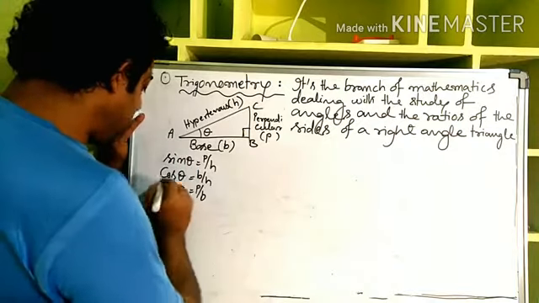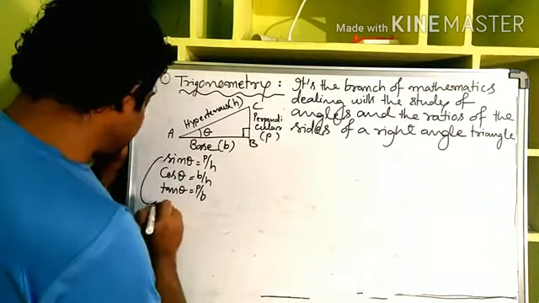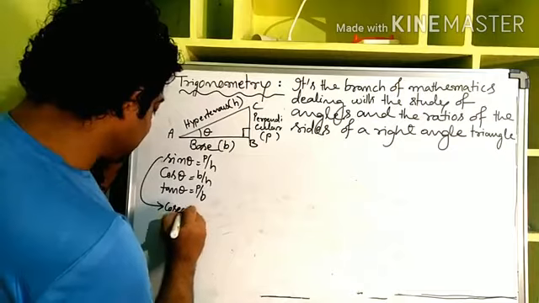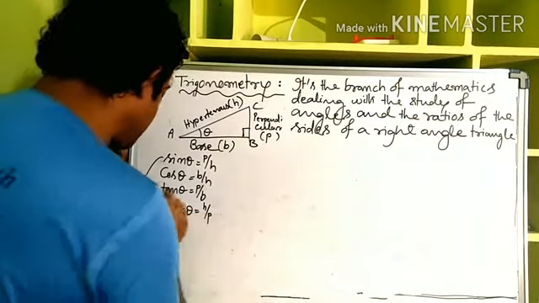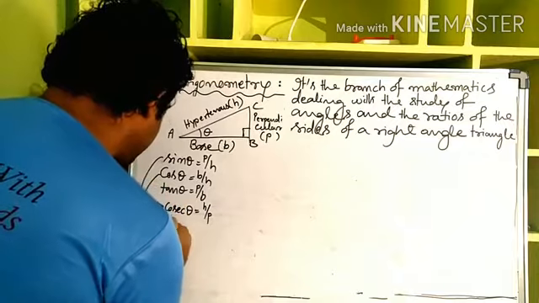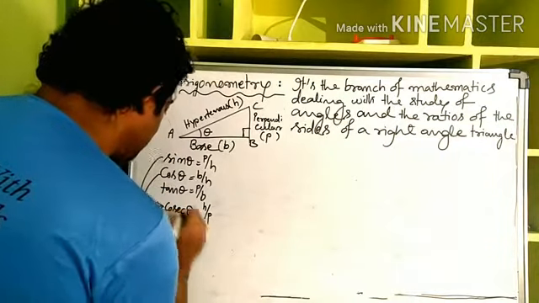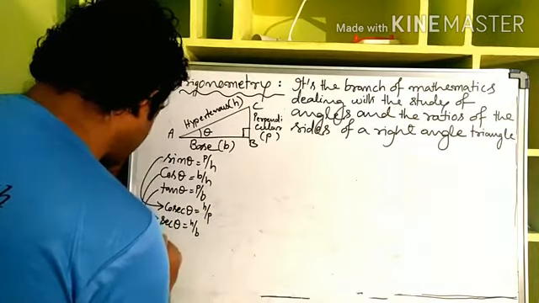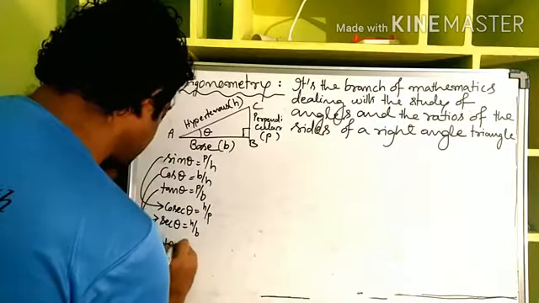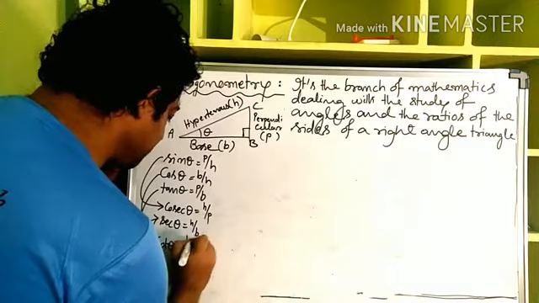For example, cosec theta, sin theta's inverse, is equal to 1 by sin theta, that is H by P. Then sec theta is equal to 1 by cos theta, that is H by B. And cot theta is equal to 1 by tan theta, that's B by P.